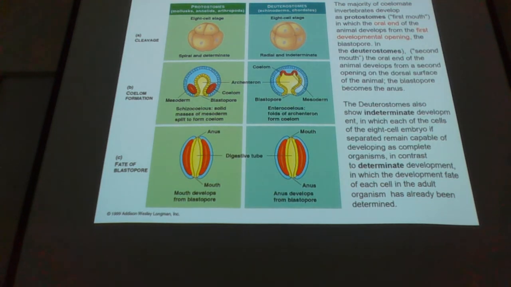Okay? And so this difference, let's name these differences. We say that these cells here in the deuterostomes, which we are, have an indeterminate fate, have not decided what they want to be yet. They can be anything. In fact, as I told you, they could even give rise to perfectly single individuals.